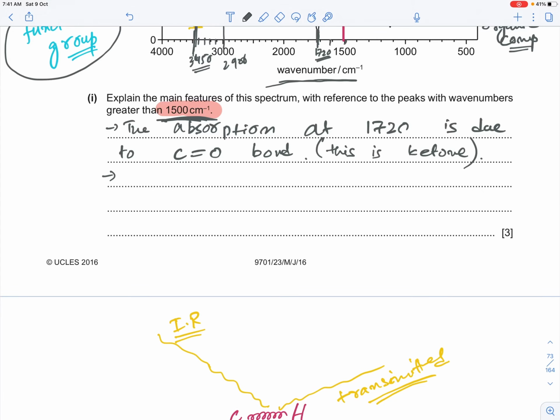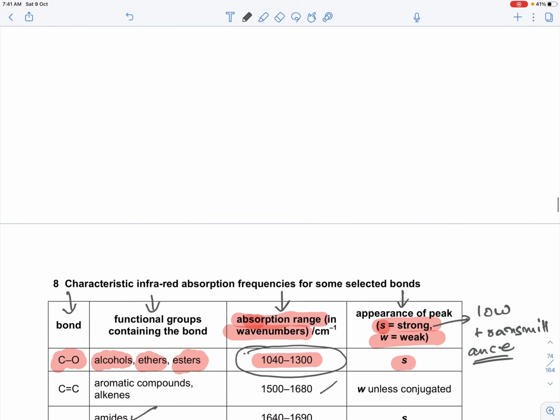So the peak at 2950 is due to carbon hydrogen bond. That means this peak would be present in every organic compound, because every organic compound has carbon hydrogen bond except for very few.